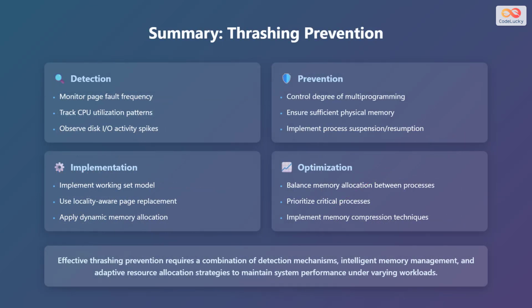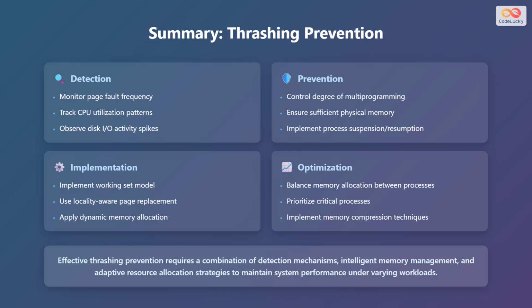In summary, effective thrashing prevention requires a combination of detection mechanisms, intelligent memory management, and adaptive resource allocation strategies to maintain system performance under varying workloads. Key detection methods include monitoring page fault frequency, tracking CPU utilization patterns, and observing disk input-output activity spikes.